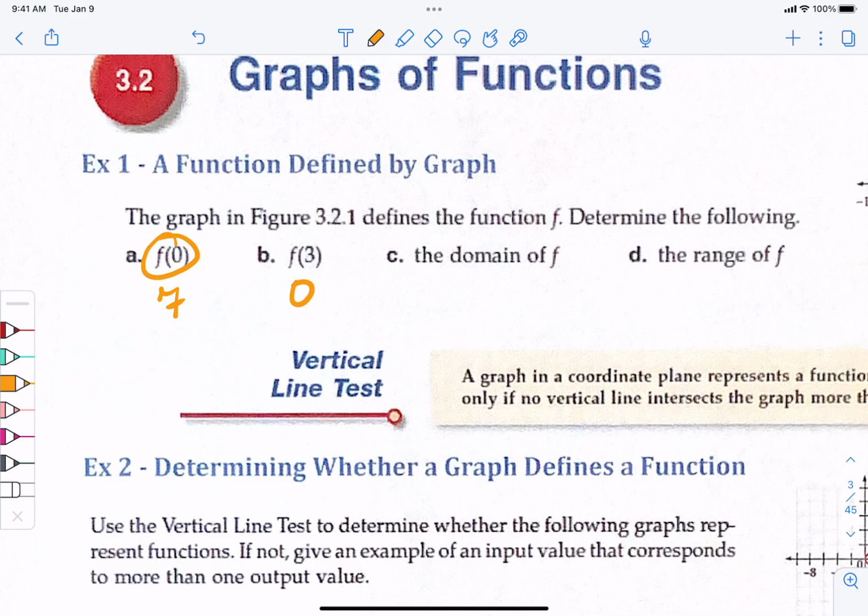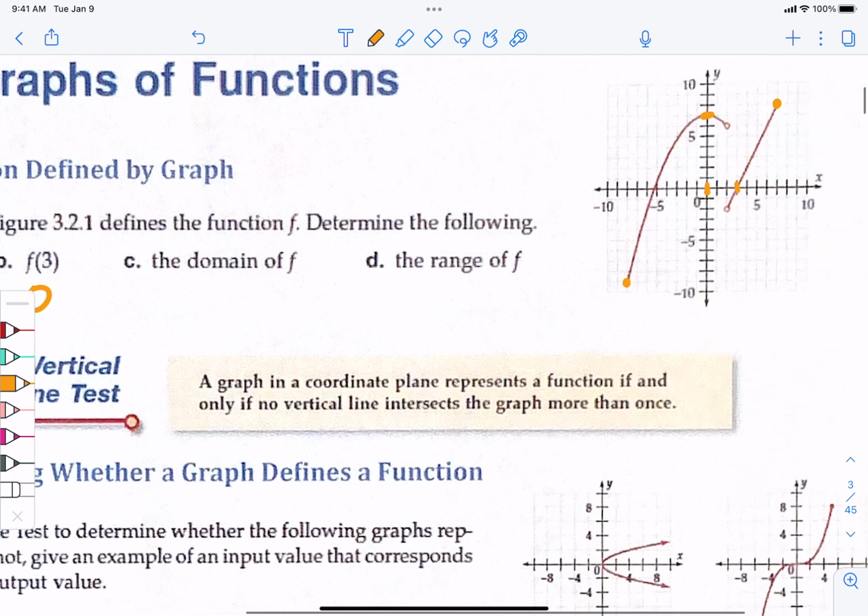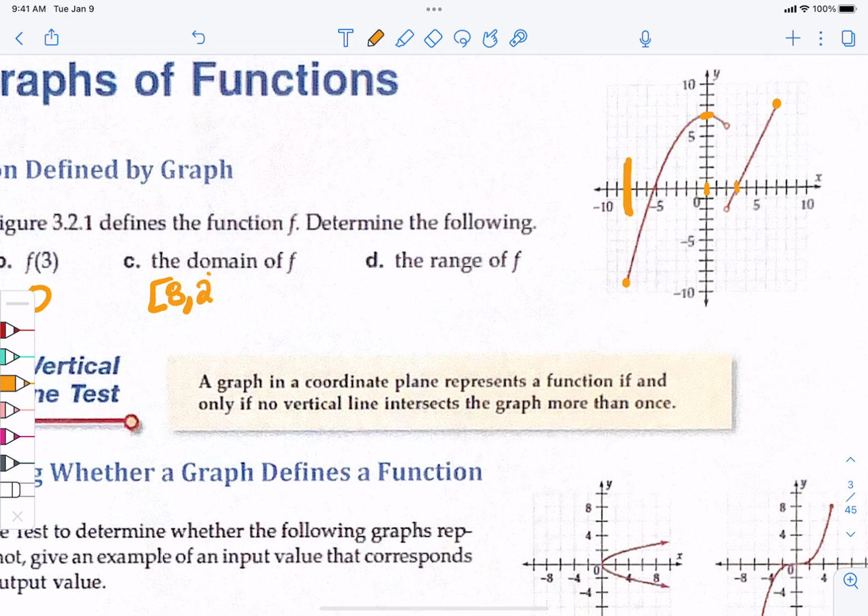Grab a pencil. Write this down. The domain. How do you want to write the domain? There's a couple different ways we could do it. Bracket, negative 8, comma, 2, parentheses, union, 2, comma, 7, bracket.